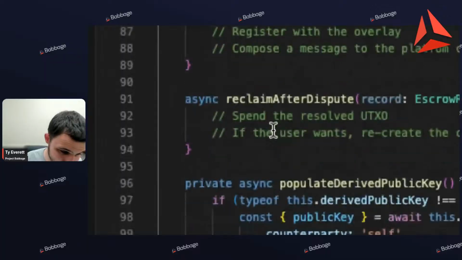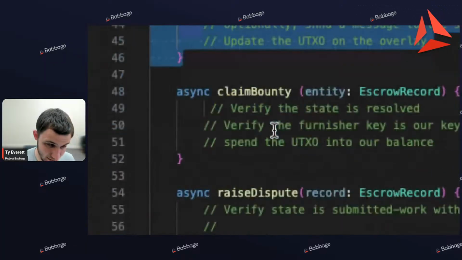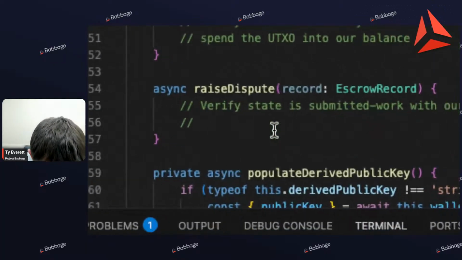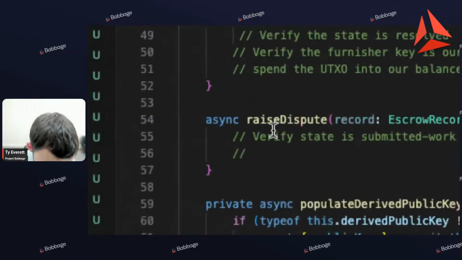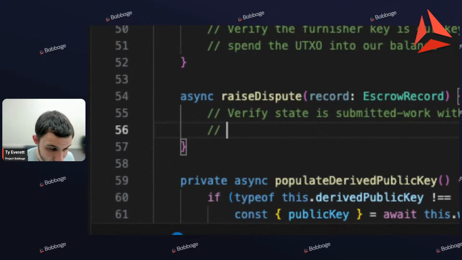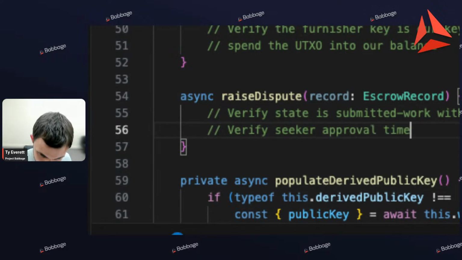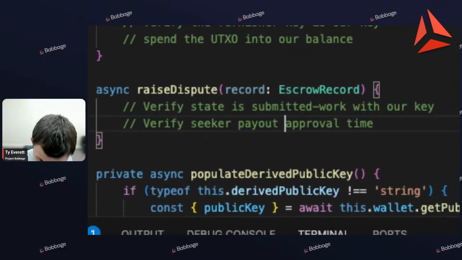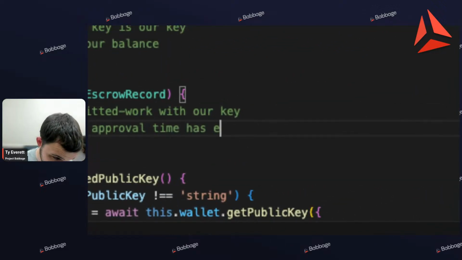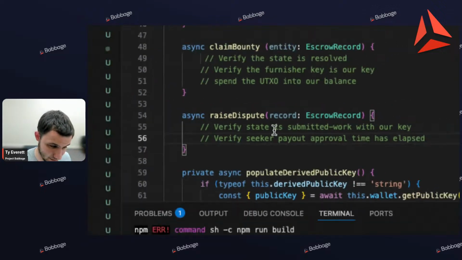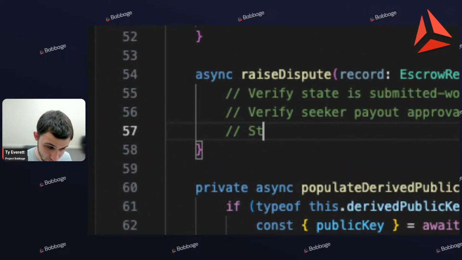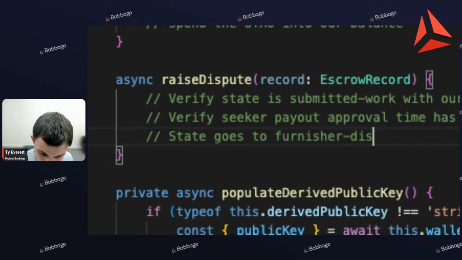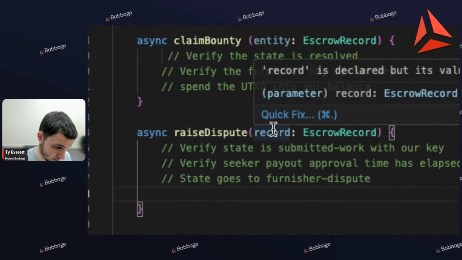So we want to confirm in this one. Verify status submitted work with our key. Verify seeker payout approval time has elapsed. State goes to furnisher dispute.